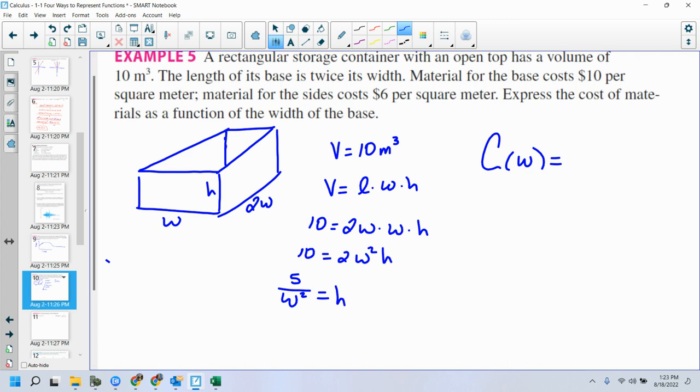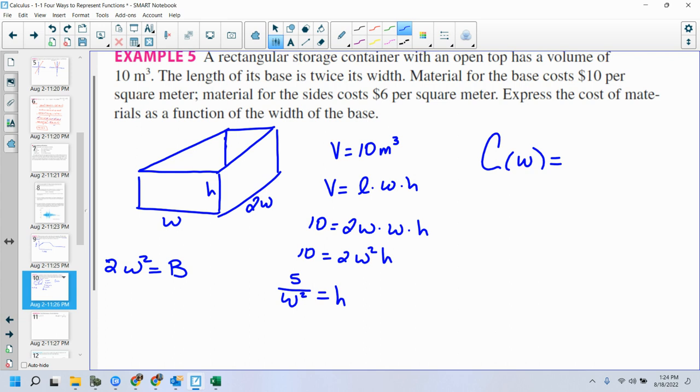Length times width. Right. 3W. Or that is not right. No, that's not right. 2W squared. There it is. 2W squared is the area of the base, capital B. Right? W times 2W. W times 2W is 2W squared. That's the area of the base, right?